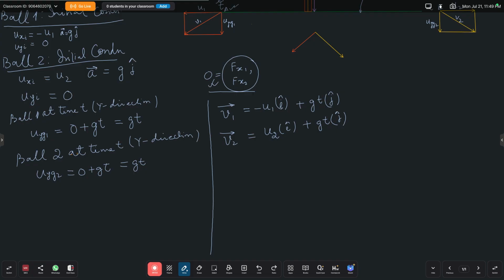In the question it is saying that just before striking the ground, the resultant velocities of ball 1 and ball 2 make 90 degrees to each other, so they become perpendicular. This angle is 90 degrees. This one is your V1 and this one is your V2.